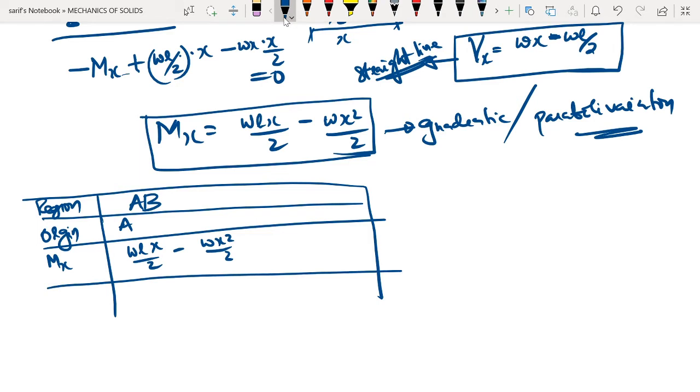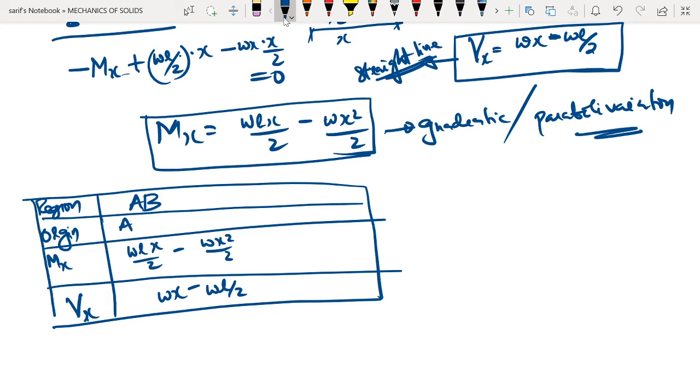Similarly, the expression for shear force is wx minus wL by 2. I hope these expressions are correct. Let me just cross check them.